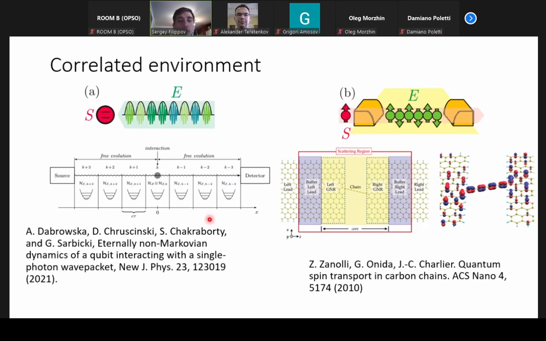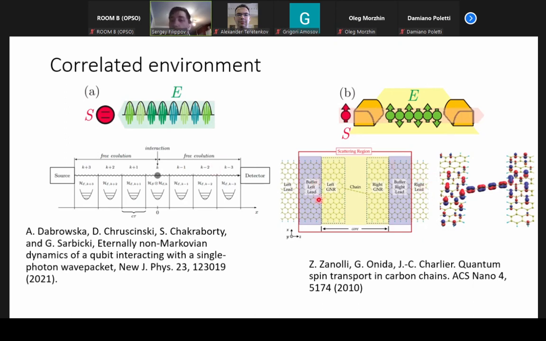And the solution of the problem is rather complicated, though it exists. But when it comes to multi-photon states, or some states that don't have a specific number of photons, then we expect the solution would be rather complicated. So there is a need to find some simpler solution to the problem.